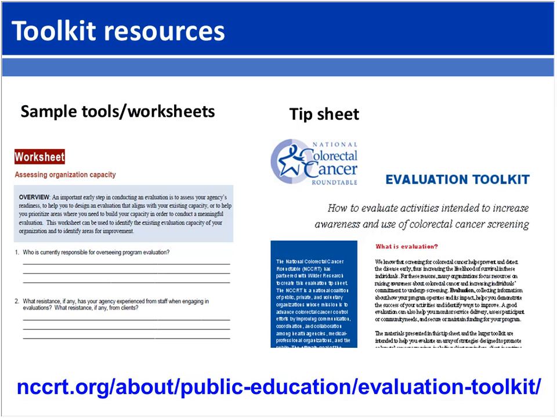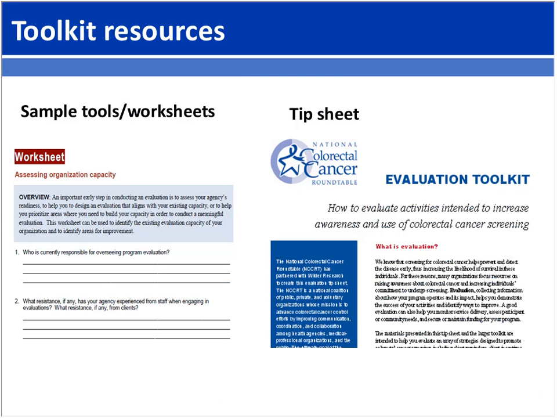The toolkit provides a general overview of the evaluation process tailored specifically to the context of colorectal cancer screening initiatives. And it includes not only an overview of what evaluation is and the 7 steps to conducting evaluation, but it does also have a number of additional resources and materials within the toolkit itself.